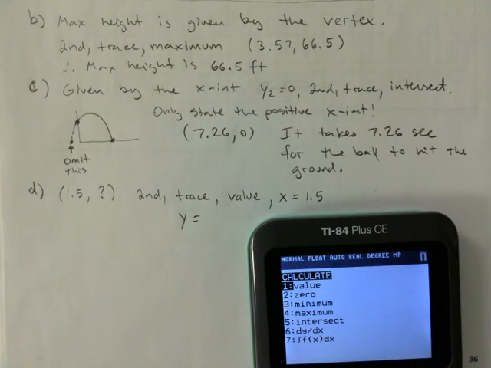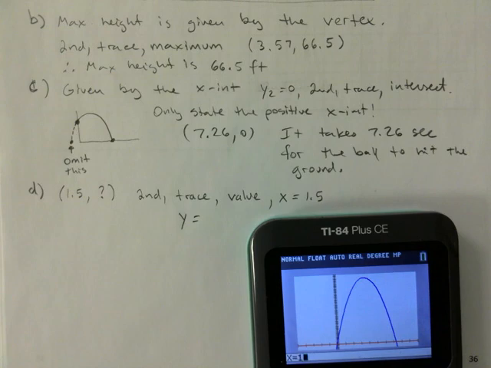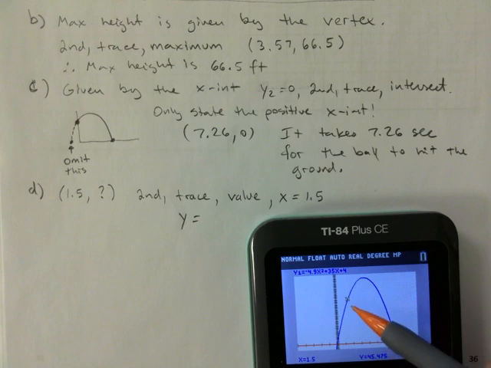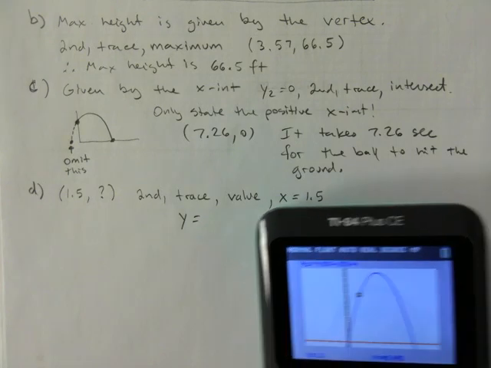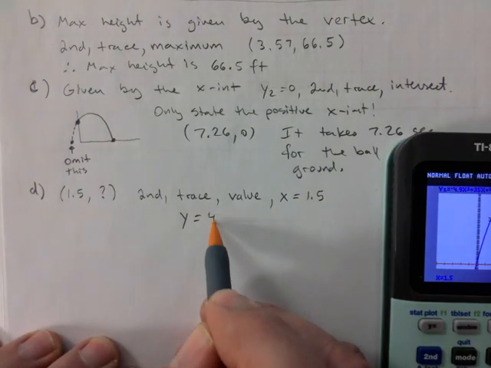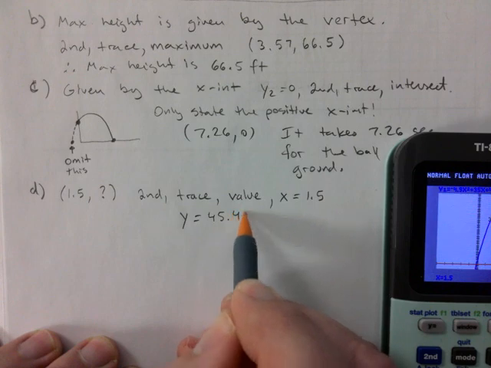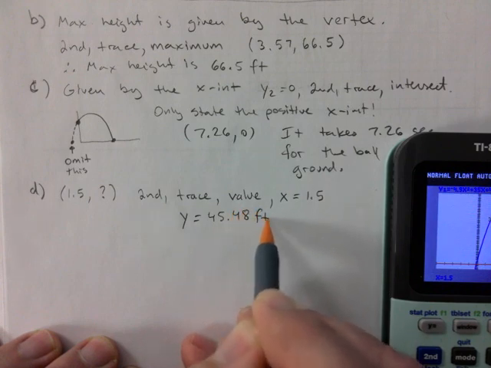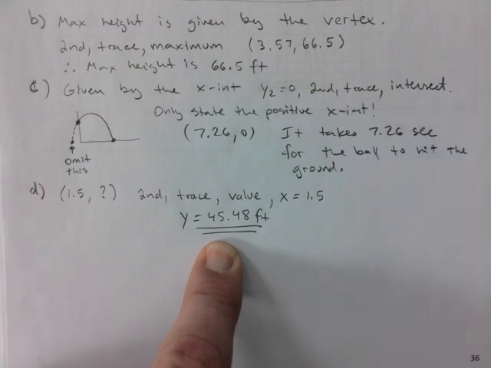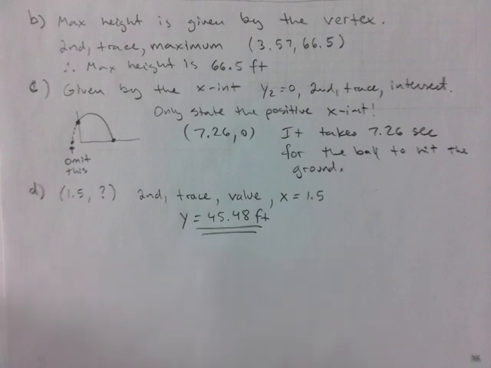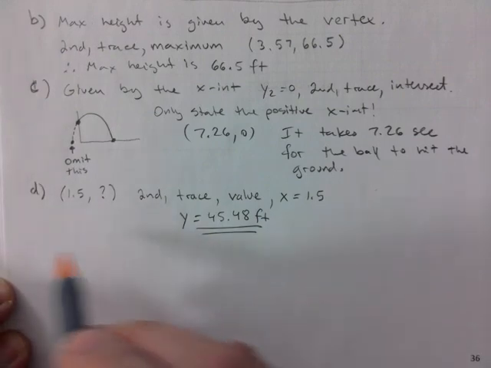Second, trace, value, x is equal to 1.5, and there it is. After 1.5 seconds, it's at a height of 45.48 if you round it to 2 decimals. And if you put feet in, we are happy, right? So that's the height of the ball after 1.5 seconds. E.